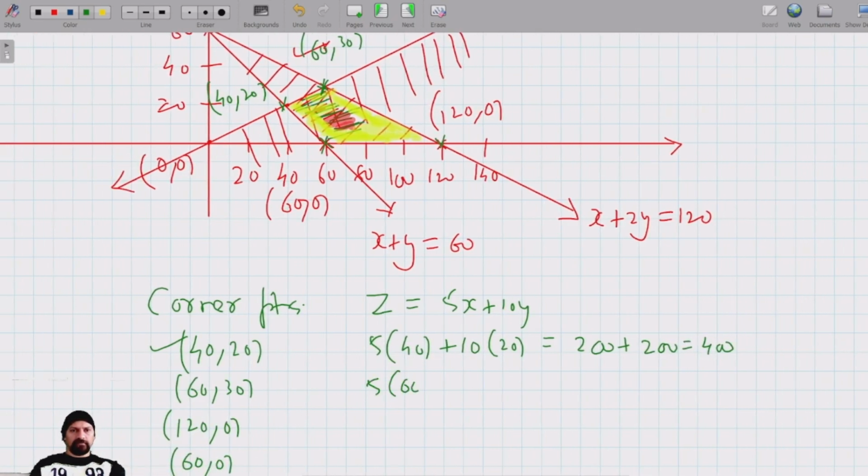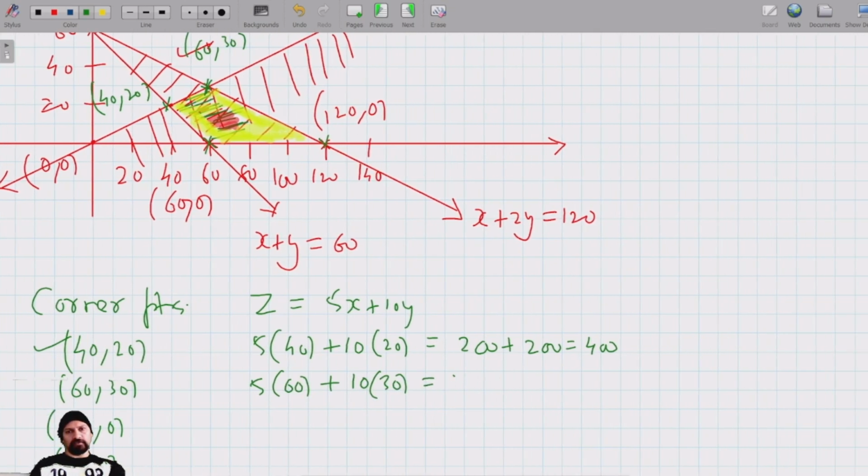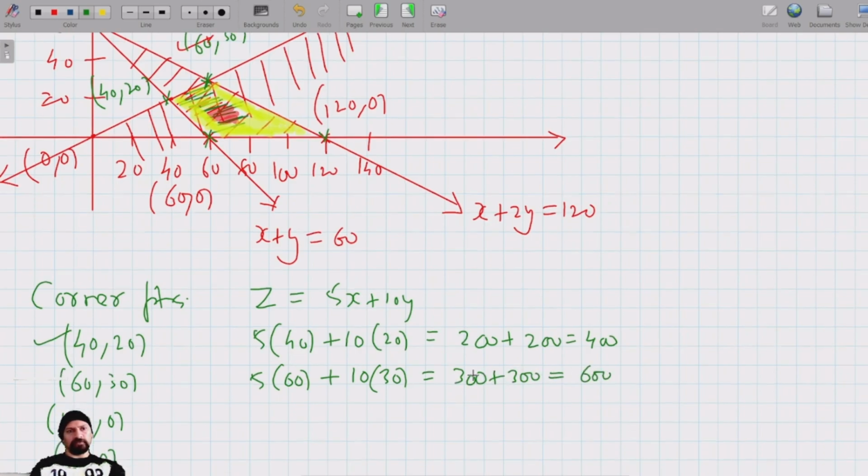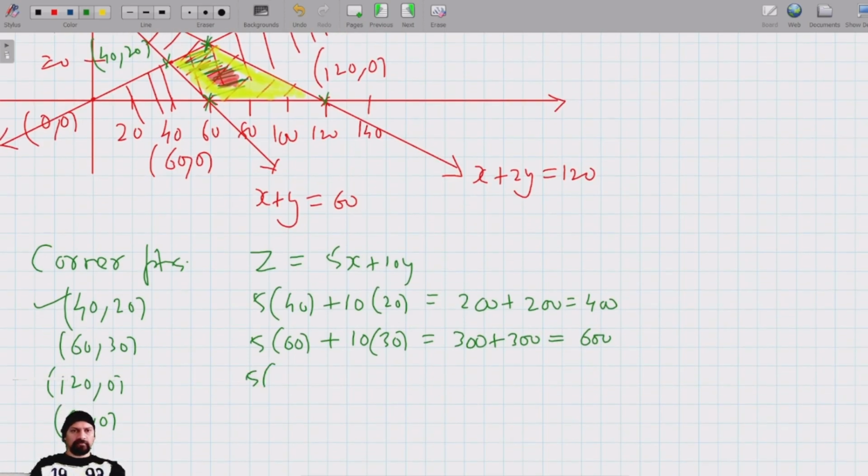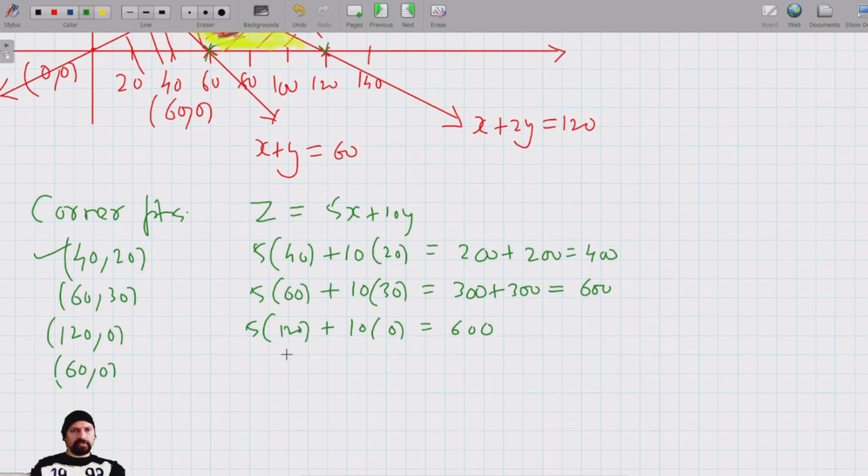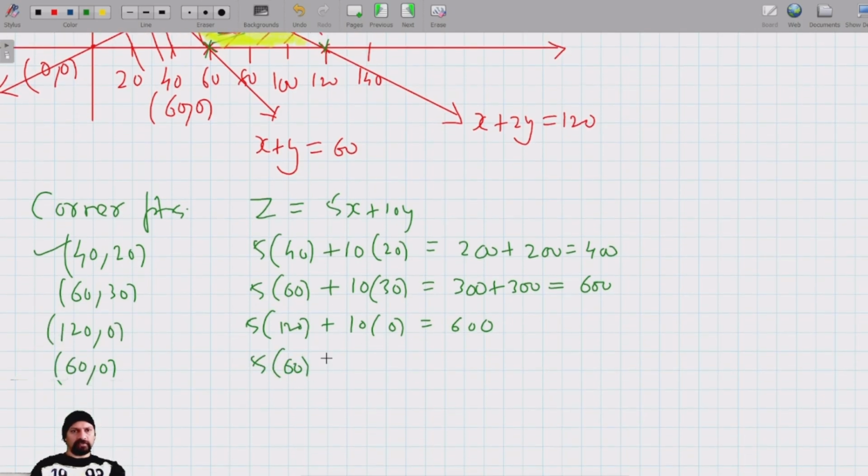Now 5 into 60 plus 10 into 30 is 300 plus 300, equal to 600. Then 5 into 120 plus 10 into 0 is 600. For the last one, it's 5 into 60 plus 10 into 0, which is equal to 300.